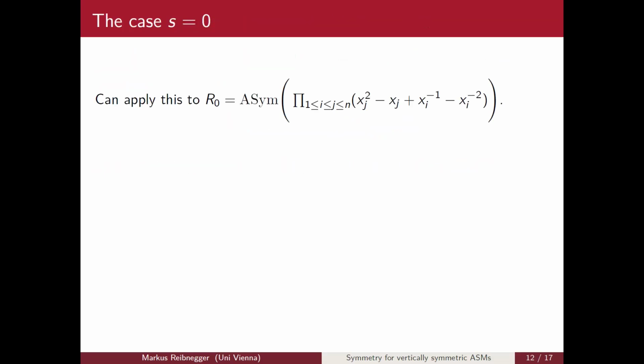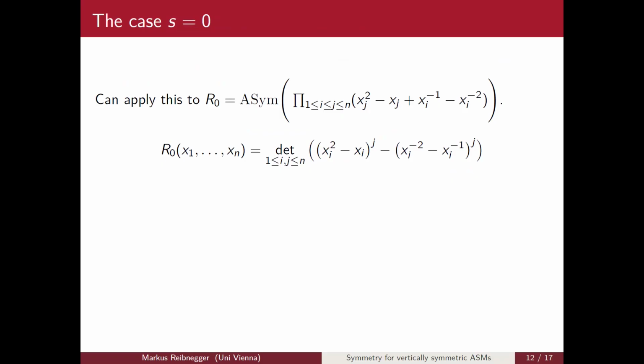So in our function that we're considering, if one takes s to be 0, this prefactor that appeared in the antisymmetrizer disappears and you just have a product that is of this form: a product over i less than or equal to j, some expression in j minus some expression in i. So we can apply this lemma and immediately get it into a determinantal form.